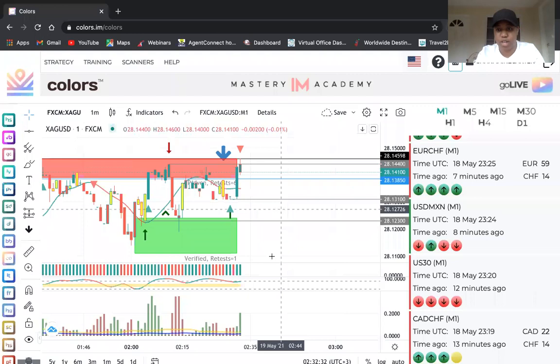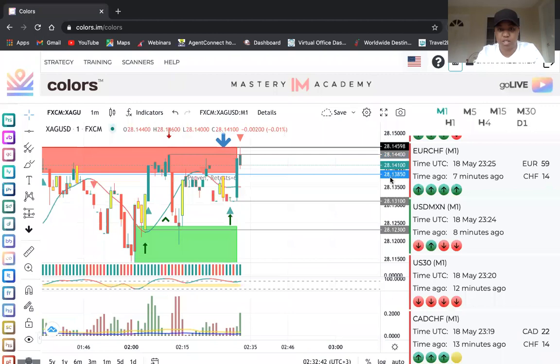All right, hold on, guys. So let's see. This would have just hit our stop loss, but we can still put it, guys: 28.144 for your stop loss or above.